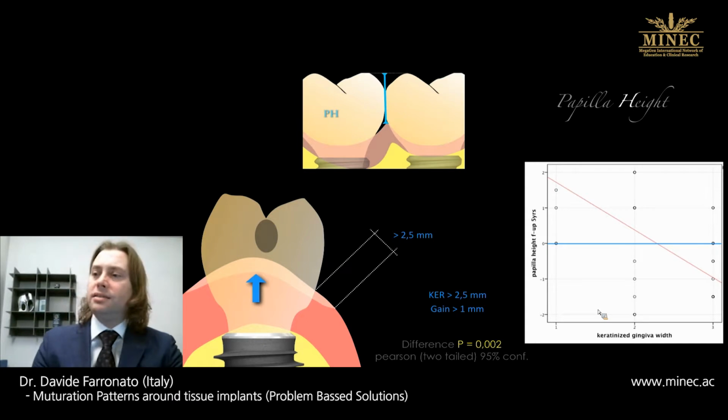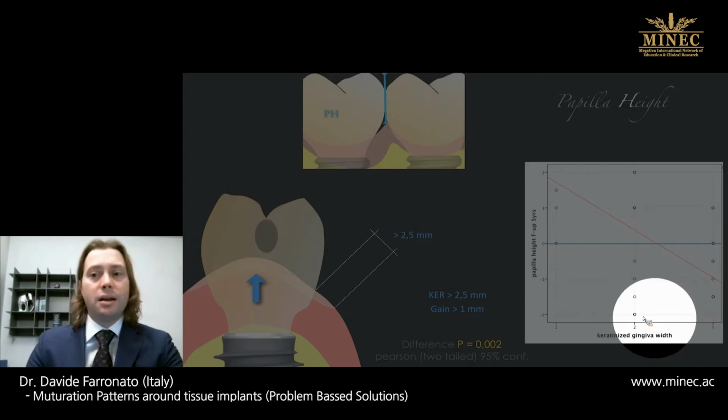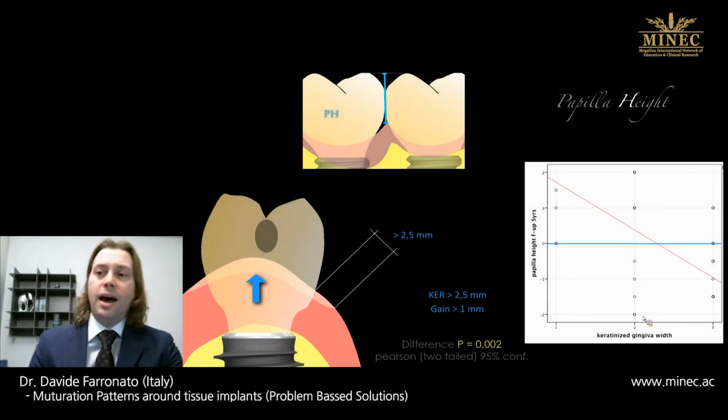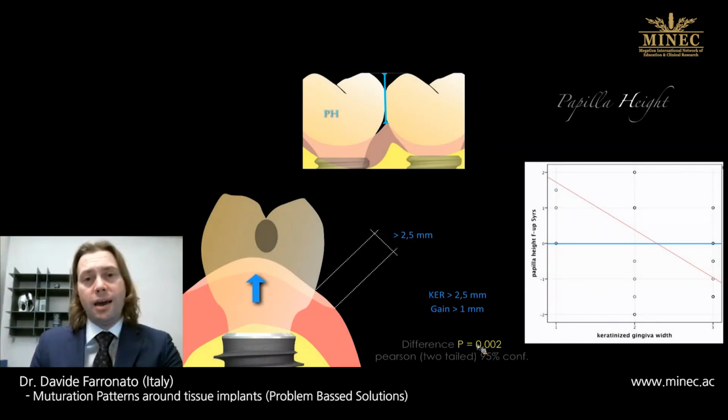You can clearly see from this graph that the greater the keratinized width at the buccal side, the greater the papilla height. So it's highly suggested, again with high statistical significance, to have at least 2.5 millimeters of keratinized mucosa on the buccal side.